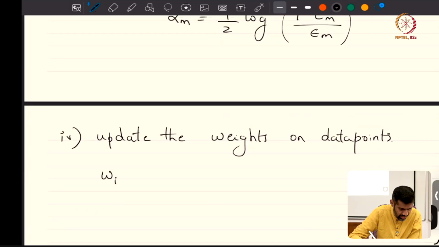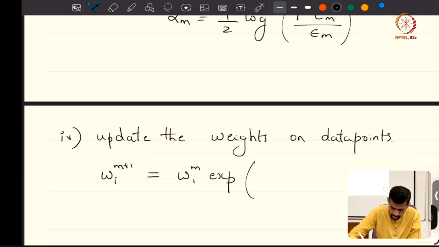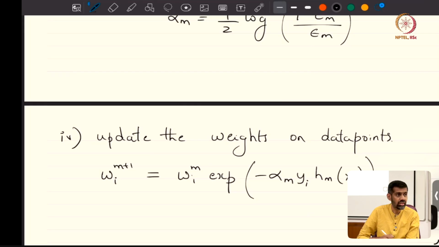So, this is the iterative update. Wi m plus 1 is Wi m e power minus alpha m yi h m x i. This is the update formula. The next set of weights will be equal to this.